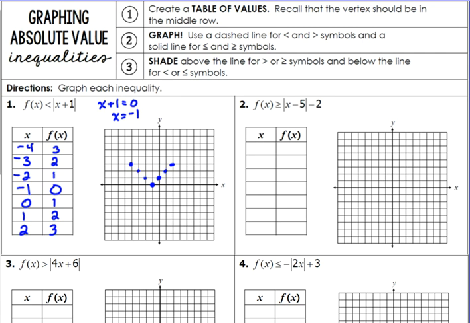Now, my pen's kind of fat, so it's hard to do this, but it does not have the equal to, so this should be a dashed line. If you want to skip every other square, that's one way to do it. Okay, this one is less than, so we are going to shade below our graph here.